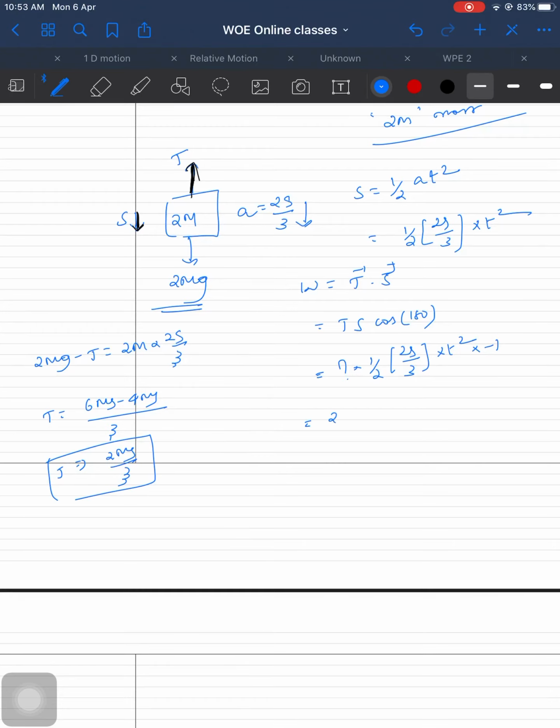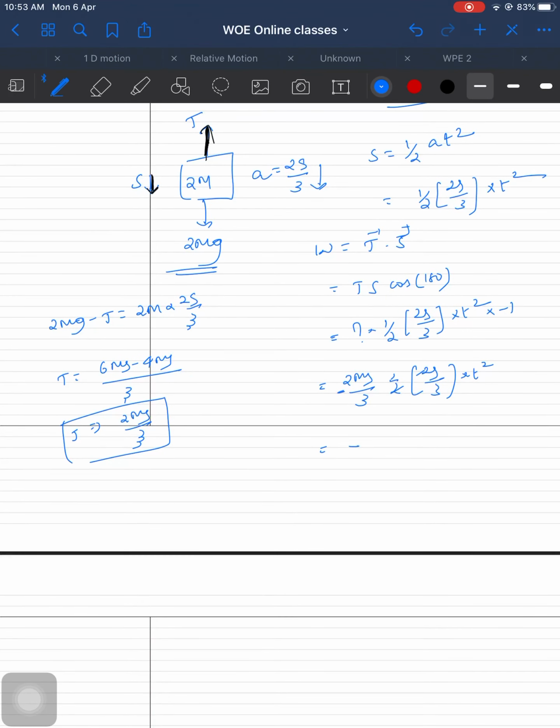This is the tension. Now tension 2mg over 3 times half into 2g over 3 into t square, and the minus sign will be there. The 2 gets cancelled, so minus 2 over 3 into 2 over 3 is 2 over 9, mg square t square will be the value for the work done by tension.